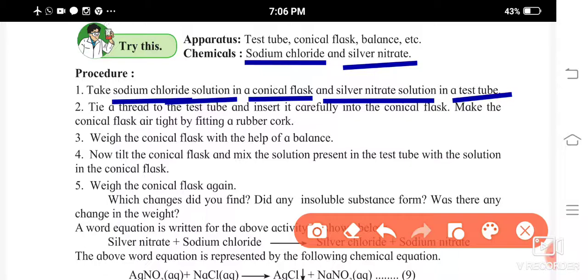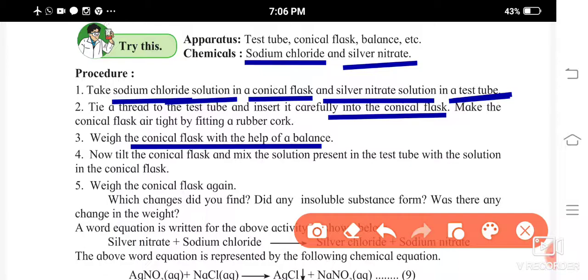Now tie a thread to the test tube and insert it carefully into the conical flask. So what you are going to do? You are going to tie a thread to the test tube, and you are going to insert it into the conical flask. Make the conical flask airtight by fitting a rubber cork. Weigh the conical flask with the help of a balance. I have shown you this, I think, before in the activity.